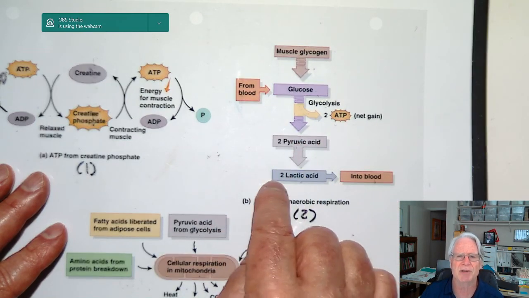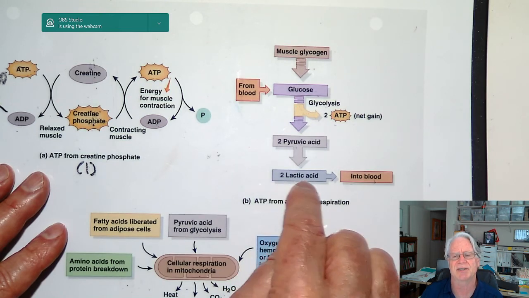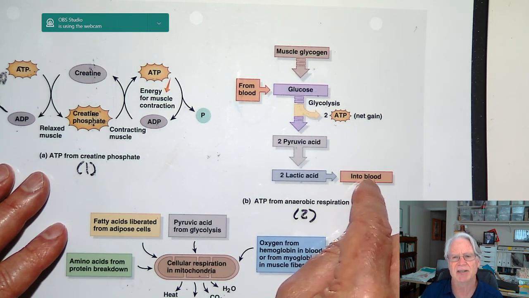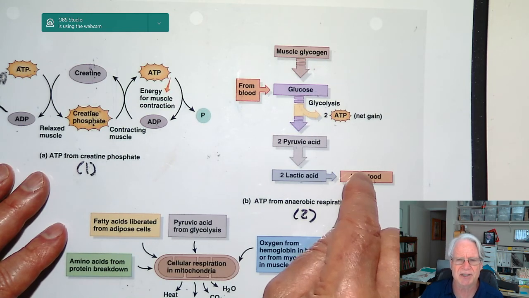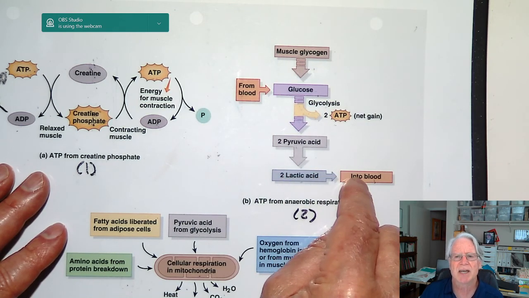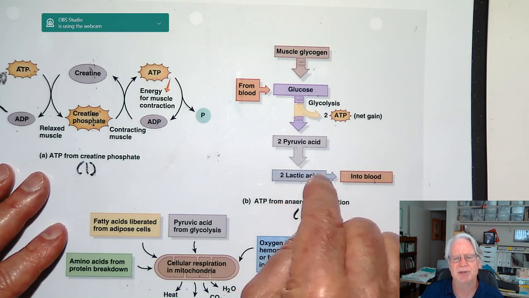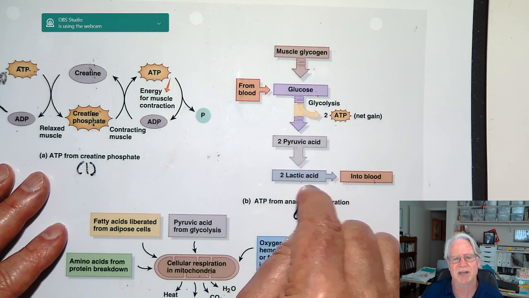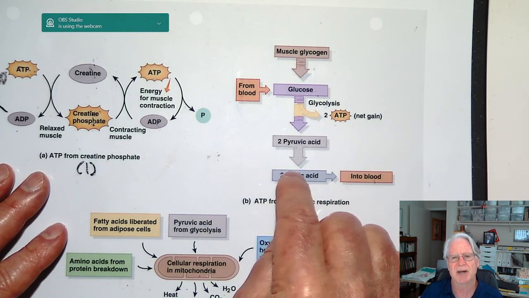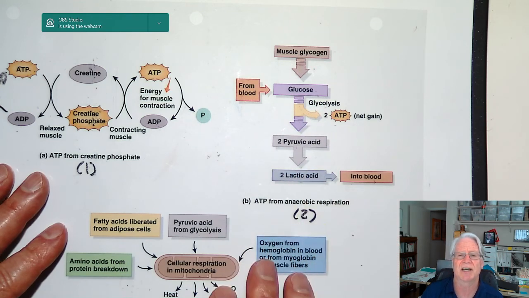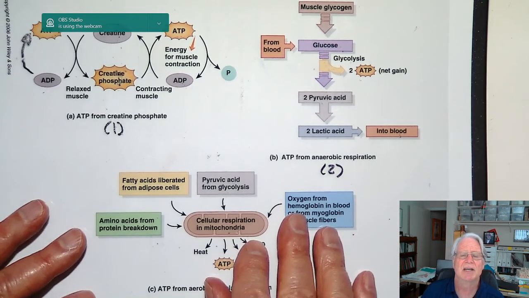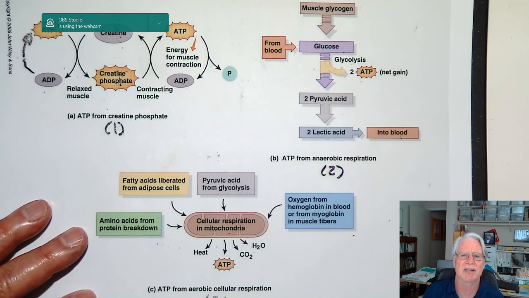But in order to do that, we have to get lactic acid. This goes into the blood, and is later dealt with by the liver and the kidneys. But this system has the drawback of actually producing lactic acid, which is a toxic material. And our body simply can't stand high concentrations of that, particularly the general body cells.